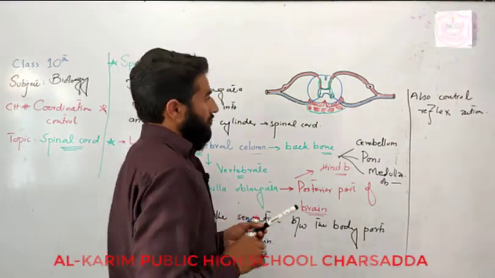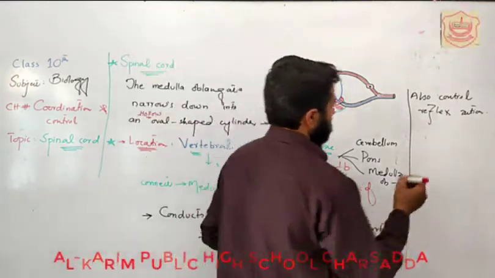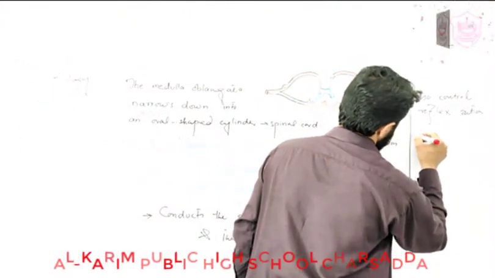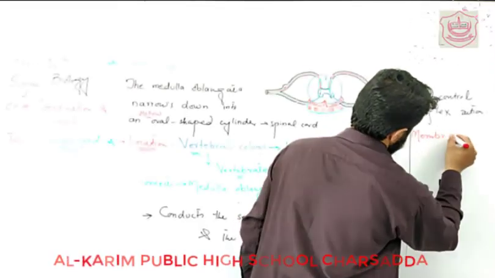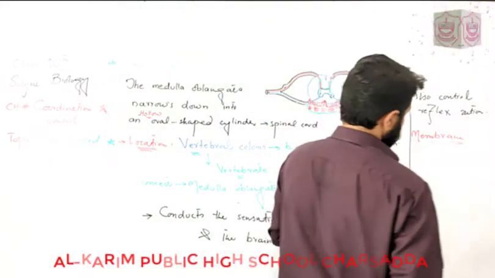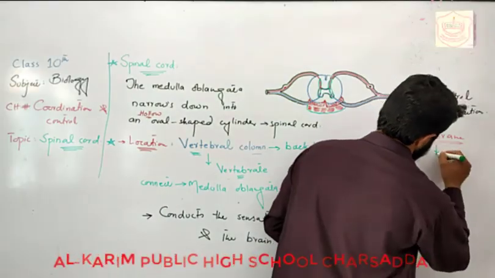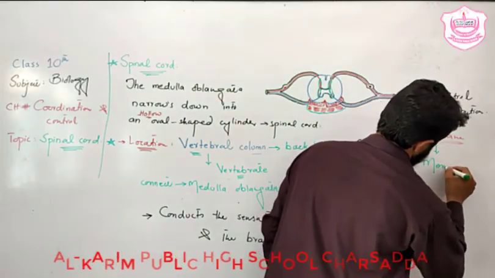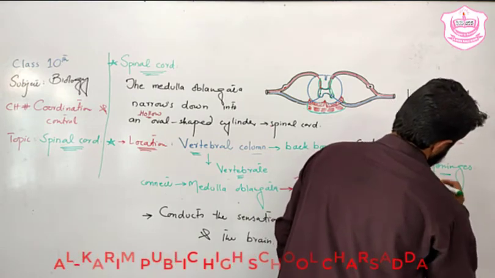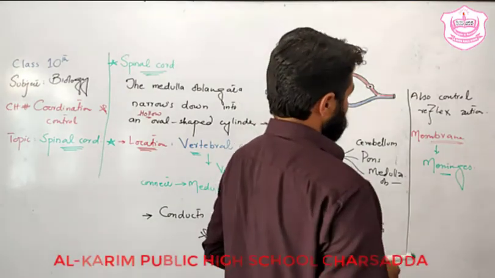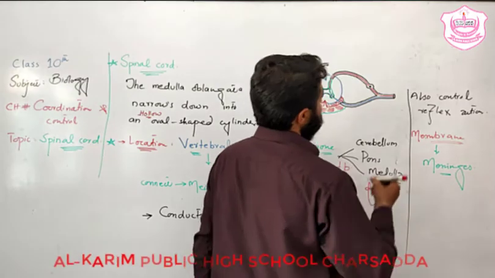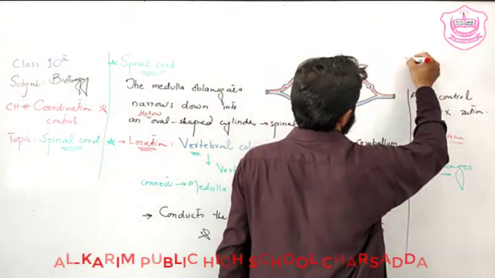Membrane which covers the spinal cord is known as meninges, just like the brain. The brain and spinal cord are covered with what? With meninges. But inside the brain, spaces or cavities are present. Those cavities are called ventricles.